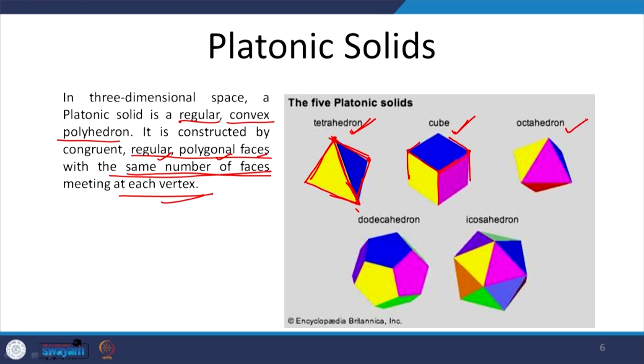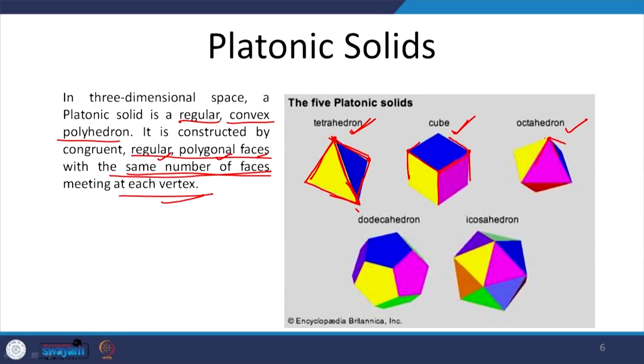What is an octahedron? An octahedron is formed by 8 equilateral triangles, and at each vertex we have 4 equilateral triangles meeting. If you look at this, we have 1, 2, 3 and 1 at the back. Here, 1, 2, 3 and 1 towards the bottom. Similarly, here 1, 2, 3 and the 4th at the back.